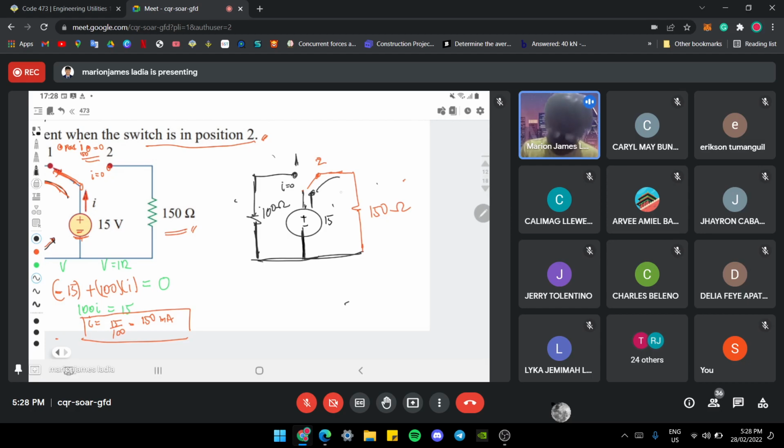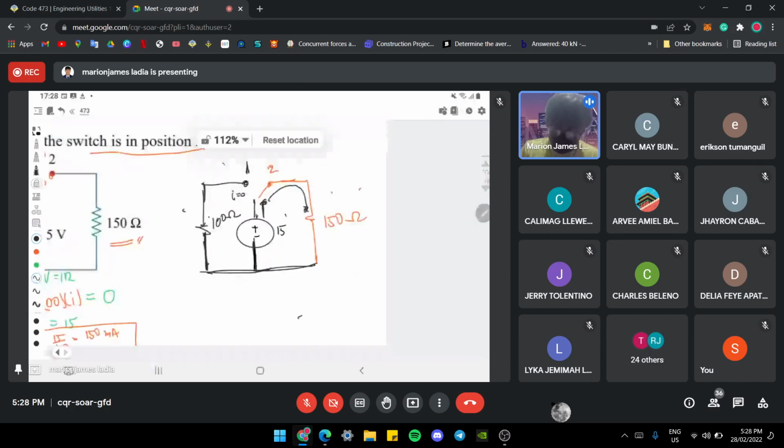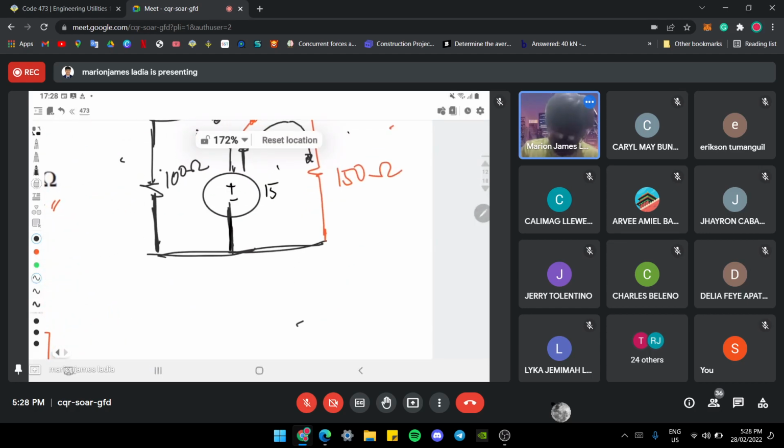passive sign convention natin, but by voltage or yung tinatawag nating conservation of energy. So take note na yung I natin pupunta sa 150 ohm. And as I have said, ang resistor is always an absorber, so it is always positive. So 150 multiplied by I, less yung voltage natin, less 15 volts equals 0.